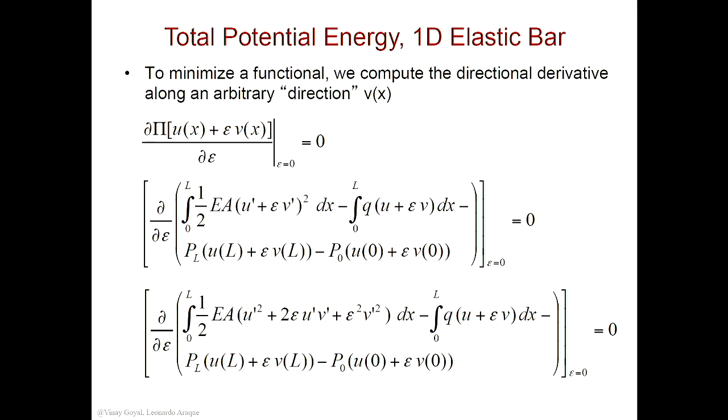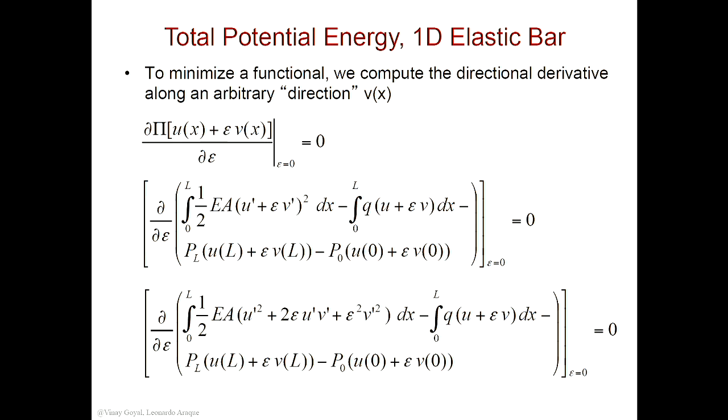Here, initially we had u prime squared, and instead I've substituted u plus epsilon v, and then that's what you see. There's a prime here and a prime here. Epsilon is a scalar quantity, so you don't have to do anything with that. The next step is to expand that out.